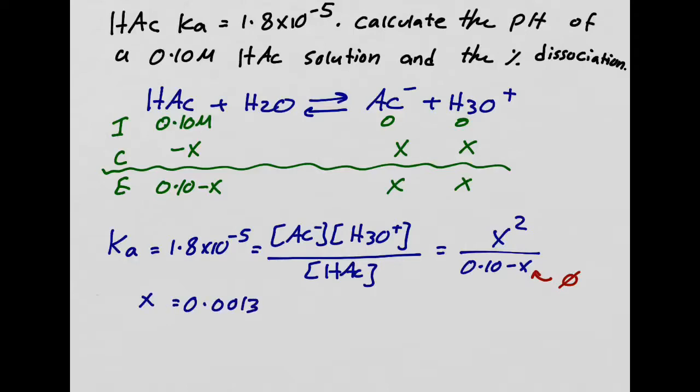0.0013. Now what does X mean? X is concentration of acetate. That doesn't do me any good, but it is also concentration of hydronium. That does me a lot of good, because if I have the hydronium concentration, I can figure out the pH. pH would be minus log of hydronium concentration, which is 0.0013.